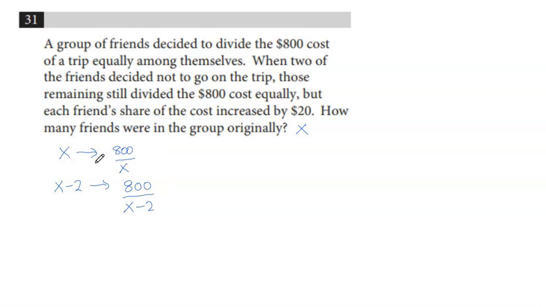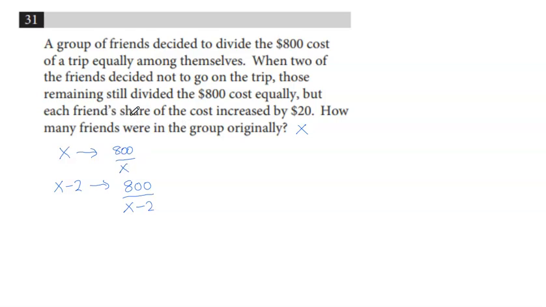And in practical terms, you will notice that if the X minus 2 friends paid the same amount, meaning the $800, by dividing it among themselves, then each one is going to pay more, right? So this value here is bigger than this, right?